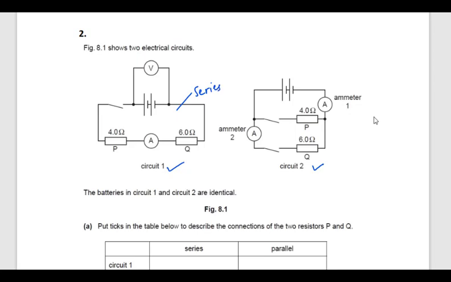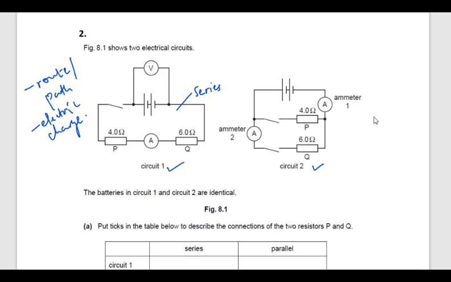For a series circuit, there is just one thing you have to note: the current or the electric charge has only one route or path to flow through. There is no other route that the electric charge can flow through. It's only one route.